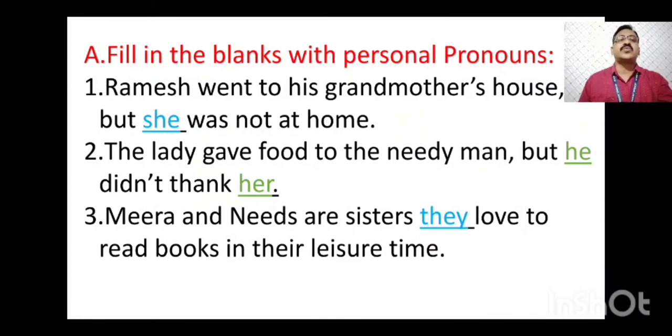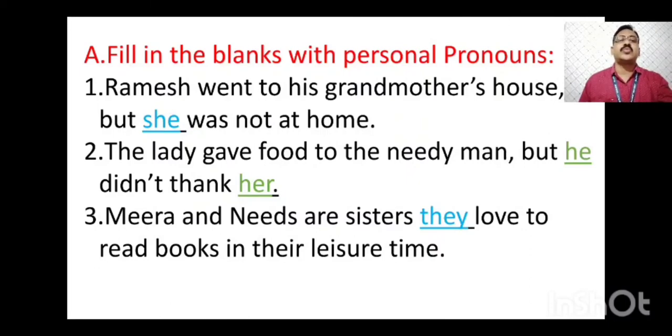Fill in the blanks with personal pronoun exercise. Ramesh went to his grandmother's house, but she was not at home. Here we are talking about the grandmother. She is a female, so we have added the pronoun she. The lady gave food to the needy man, but he didn't thank her.